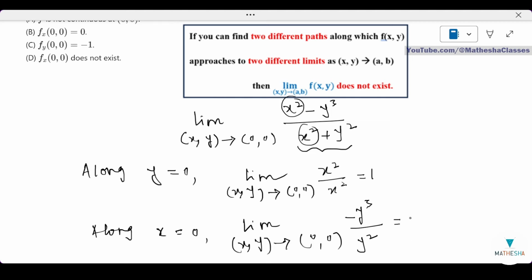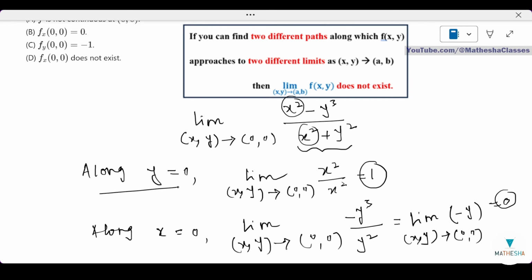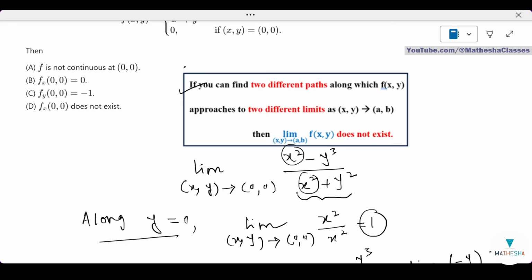So that will turn out to be limit of minus y as (x,y) tends to 0 0, that means 0. So यहाँ पे भी we are getting two different values of limit along two different paths. So according to this result, limit does not exist, and limit does not exist at 0 0 means definitely it is not continuous there. So this first option is true, f is not continuous at 0 0.